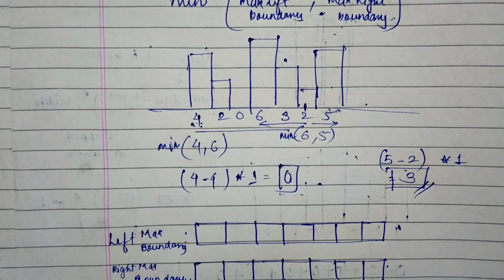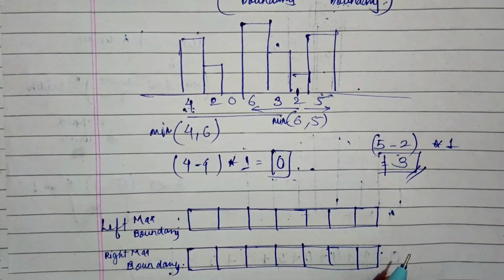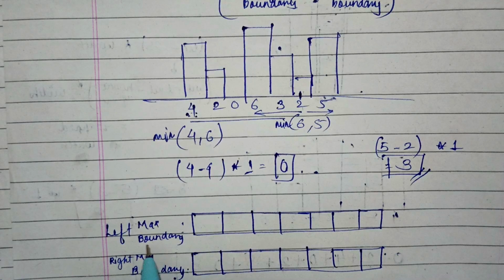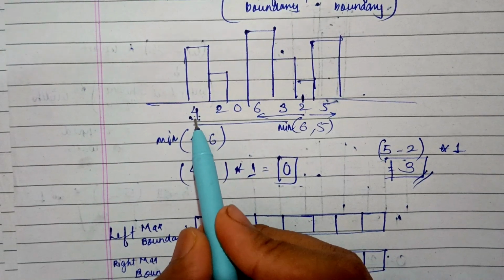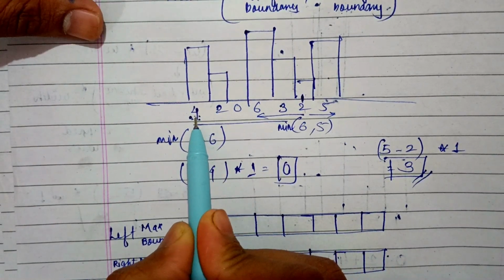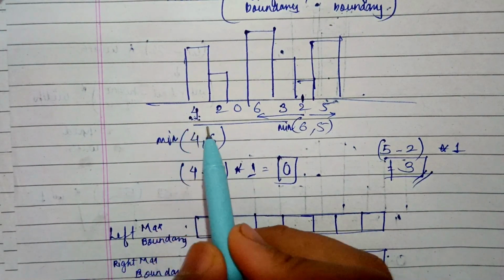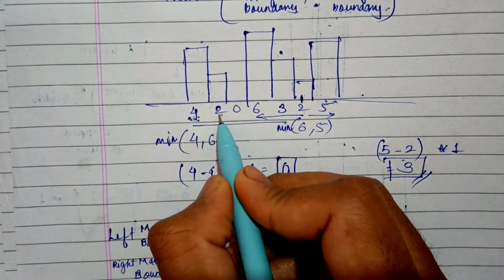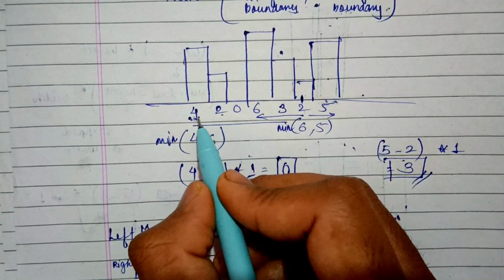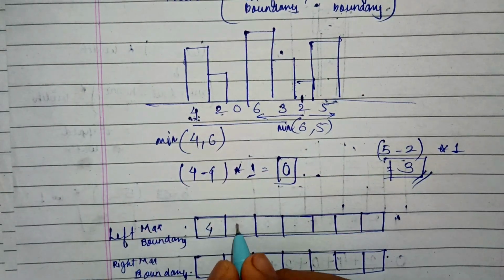We have to create two auxiliary arrays, one for the maximum left boundary and one for the maximum right boundary. So let's take this. For this bar, what will be the maximum left boundary? The 4 only. For this bar, obviously 4.